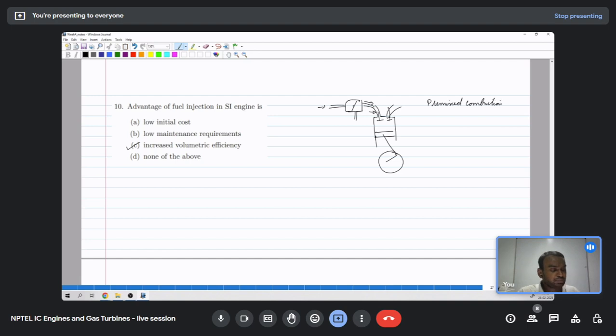So in case of a premixed combustion, as we saw earlier, there is something called flammability limits, and there is an upper flammability limit and a lower flammability limit. So that means I can say there is a rich limit and a lean limit.